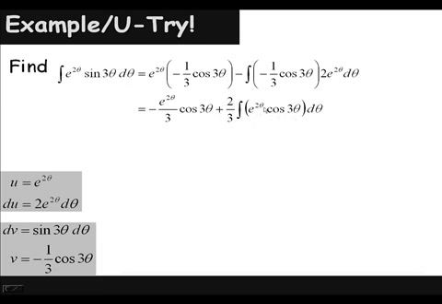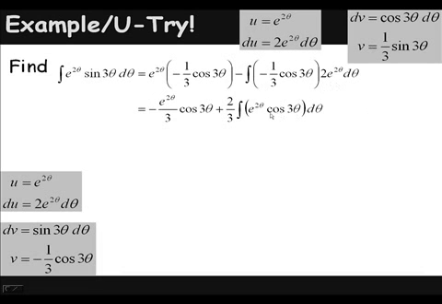Well, it's not that different from where we started, but it's different enough that we should probably set up the integration by parts again. So we'll let u equal e to the 2 theta. We've done this before. du equals 2e to the 2 theta d theta again. This time, though, dv is going to equal the stuff that's left, which in this case is cosine 3 theta d theta.